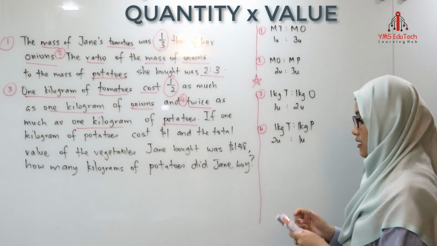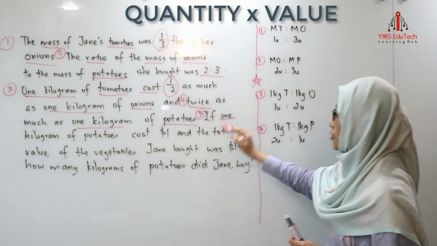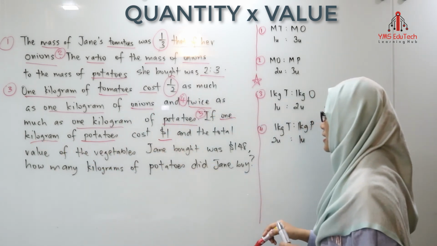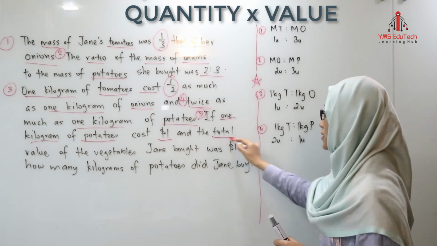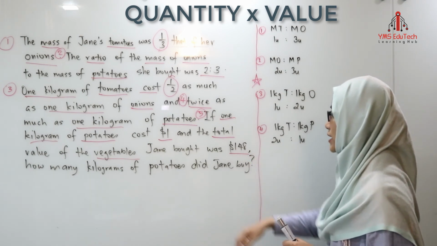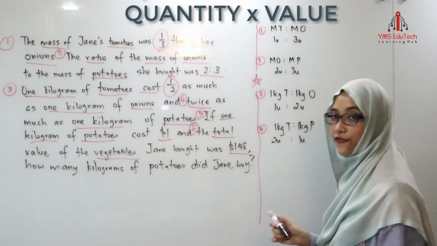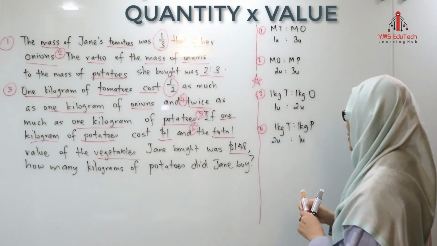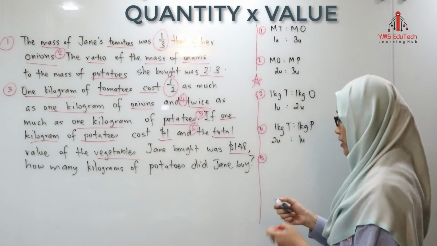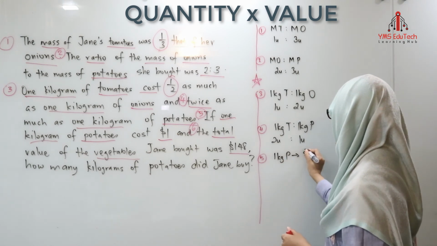Next, information number 5: if 1 kilogram of potatoes costs $1, and the total value of vegetables Jane bought was $148. I'm going to split this into 2 pieces of information, information number 5 and information number 6. Information number 5: 1 kilogram potato costs $1. So 1 kg potato, $1.